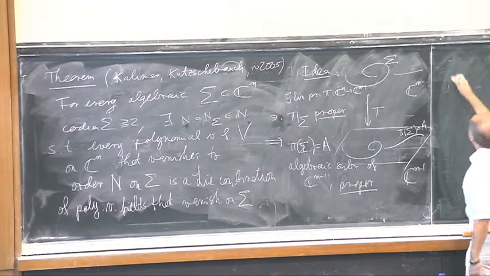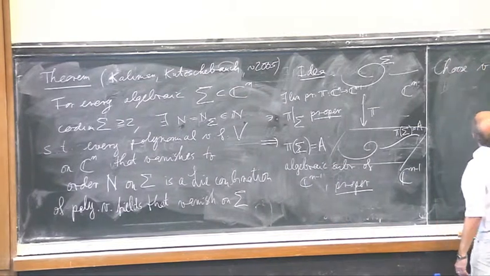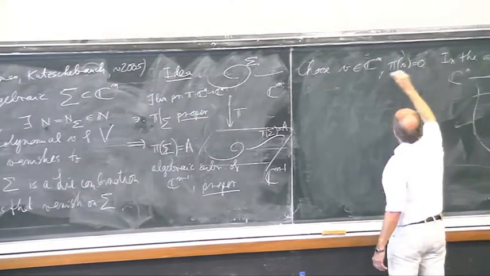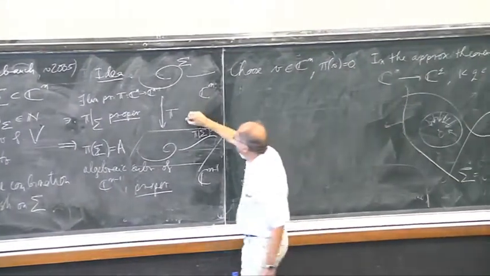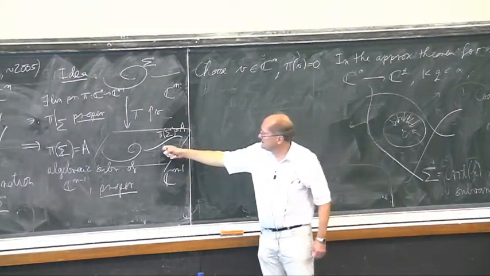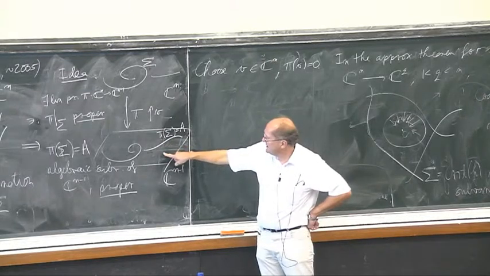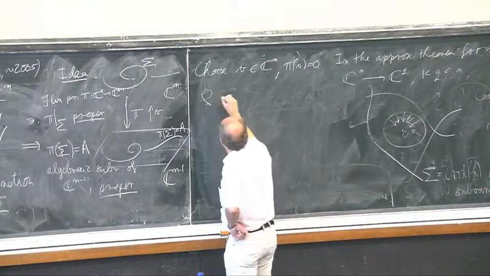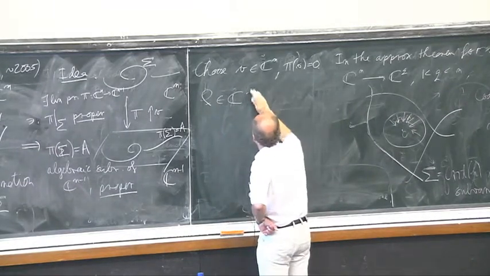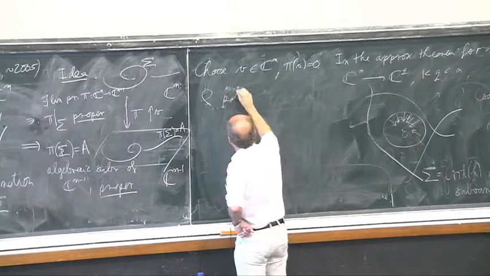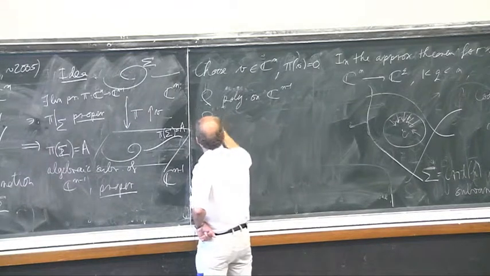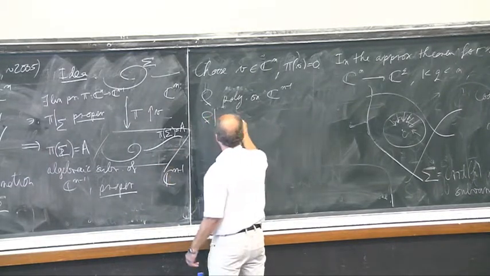So now we choose some vector v in Cn in the kernel of P. And you also choose functions, polynomials, which vanish on A. So f, a polynomial on Cn minus 1, and f restricted to A is 0.